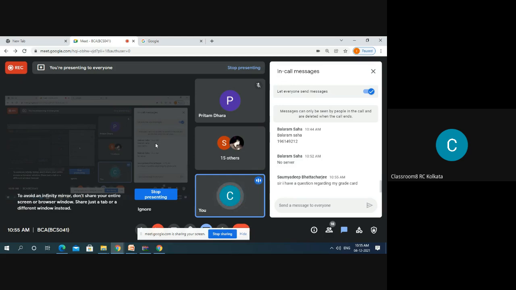But in the case of a client-server system, more computers are connected. Suppose in one building, one room has 10 computers, another room 10 computers, another room 5 computers. In this case, manually it is not possible to tell others that now you are printing, please wait. So automatic controlling is required, and for this a server is required.